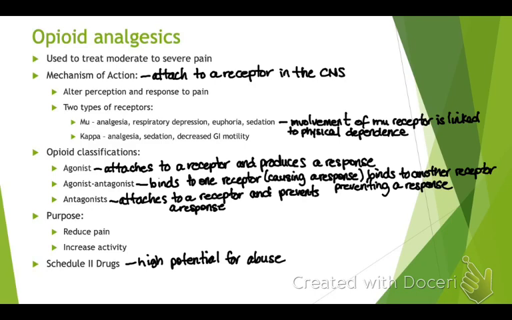That is basically another way of knowing how the opioids work in the brain and how they affect the neurotransmitters, which release the effect of those receptors, which cause respiratory depression, euphoria, sedation, analgesia. So basically, the mechanism of action that all of these meds give us is an altered perception and response to pain.